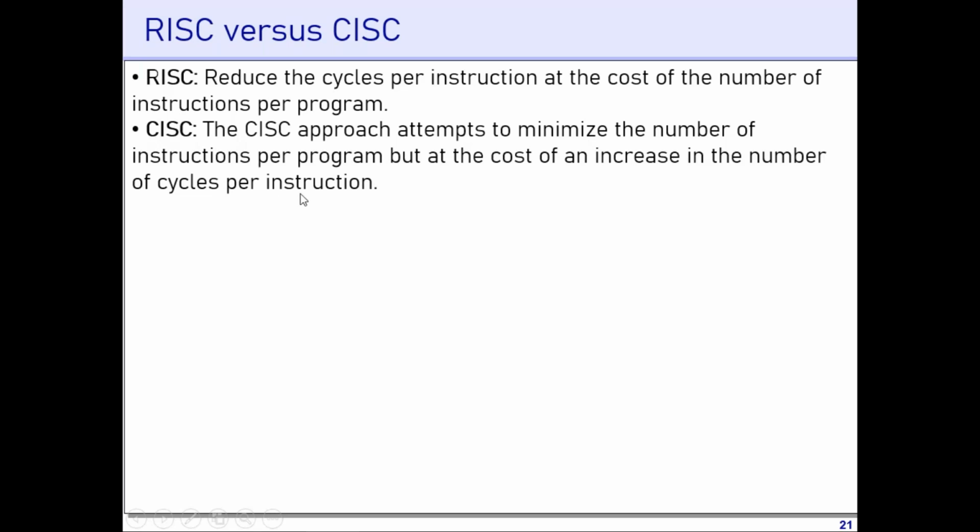Same work, here you will take more instructions, but each instruction will be simpler. Here you will take complex instructions, but fewer of them, because each instruction is complex and you can finish the same work in fewer instructions. Tell me, looking at this, which one do you think offers more efficiency, RISC or CISC?